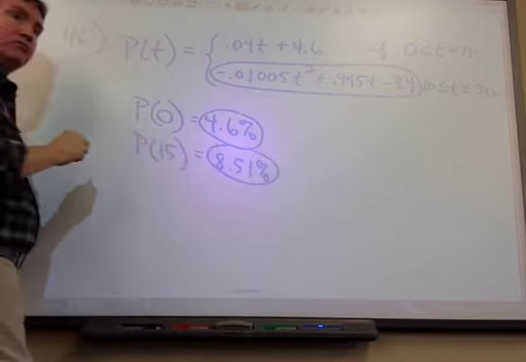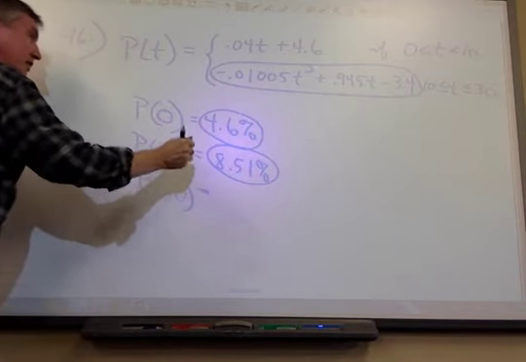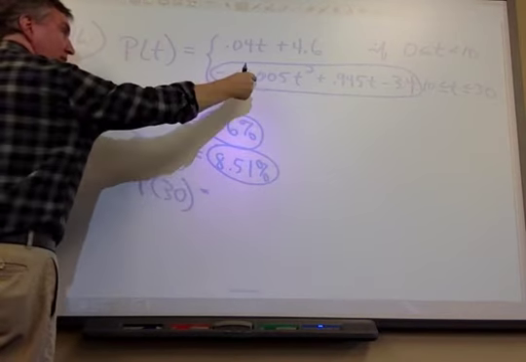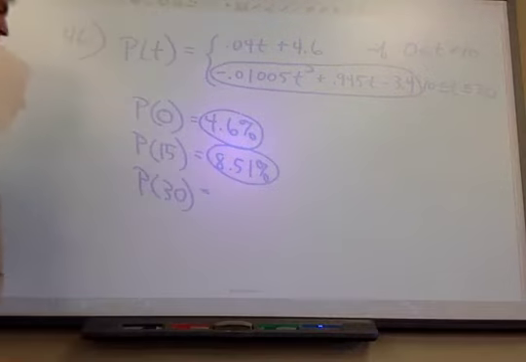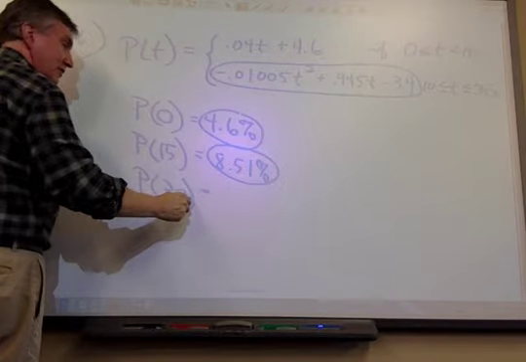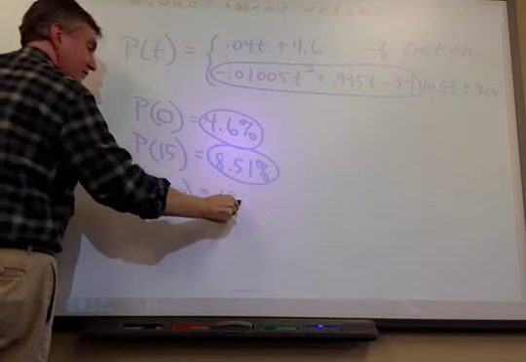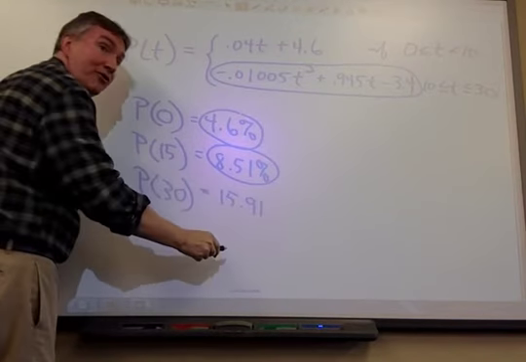They also said in the beginning of 2000. What year would that be? 30. That's year 30. Use that in your table. Of course, that would also be in the second one because 30 is in this second piece also. What did you get for that one to 2 decimal places? 15.9091. 15.91. Wow.